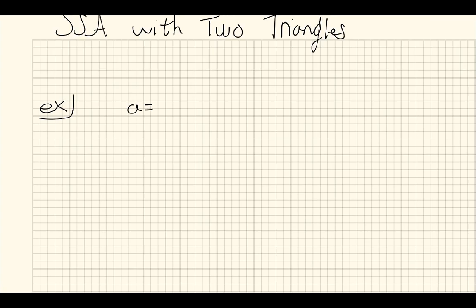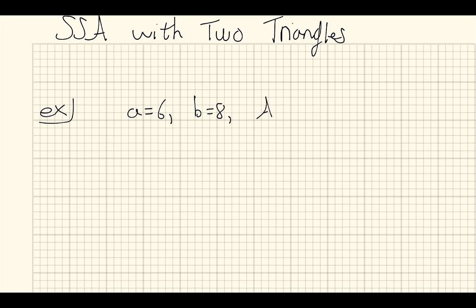We have a is 6, b is 8, and angle A is 35 degrees. Okay. Let's go ahead and start with law of sines. We'll do the sine of big A, angle A, over a, and we'll solve for angle B.